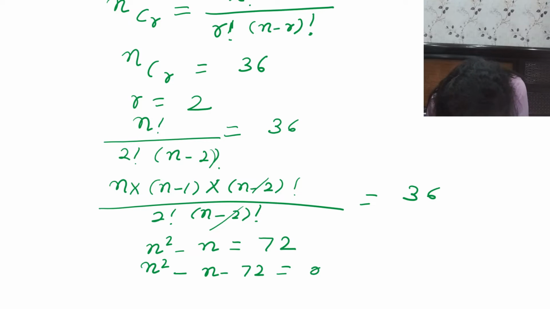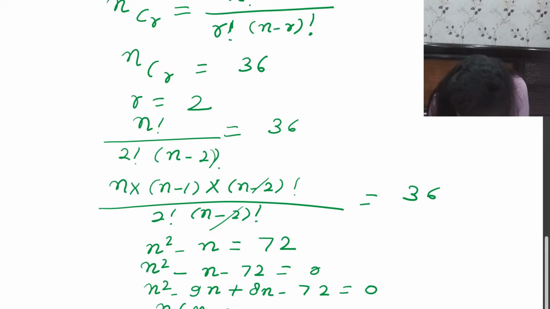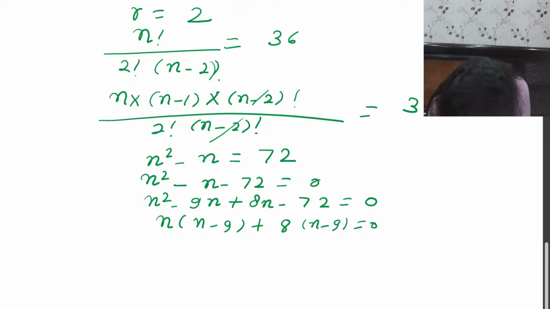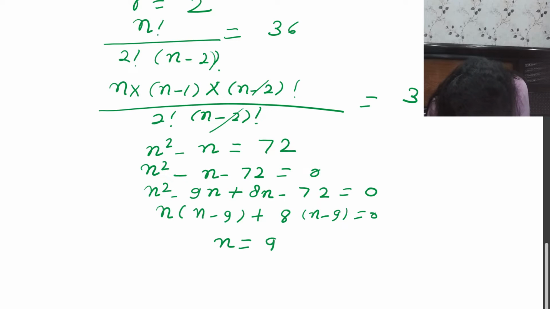Now we are splitting the middle term. n square minus 9n plus 8n minus 72 is equal to 0. n into (n minus 9) plus 8 into (n minus 9) is equal to 0. So n is equal to 9, which is our answer here.